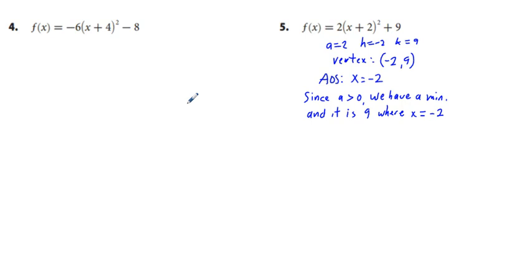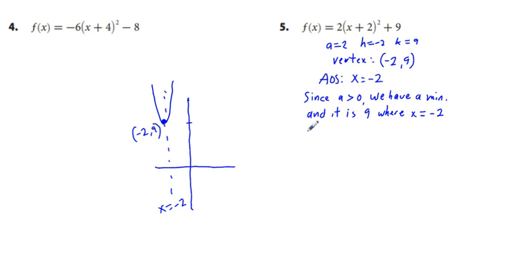And then if we make a sketch of this, we have our x equals negative 2. That's our axis of symmetry. And we have a minimum at the coordinate pair negative 2 comma 9. And then we have an upward opening parabola since a is greater than 0.